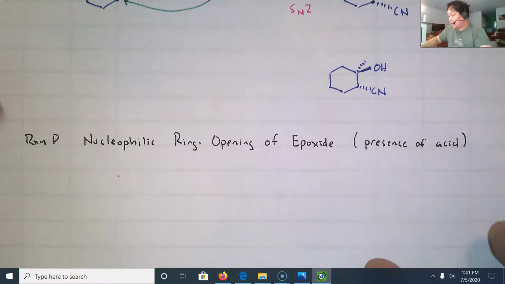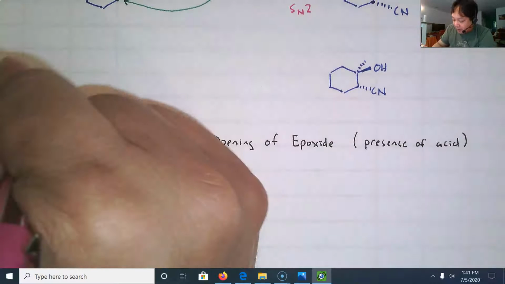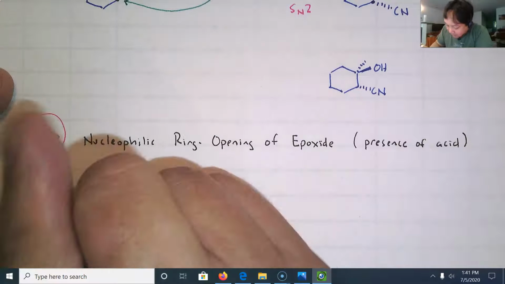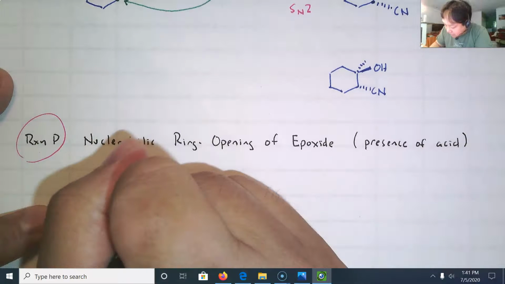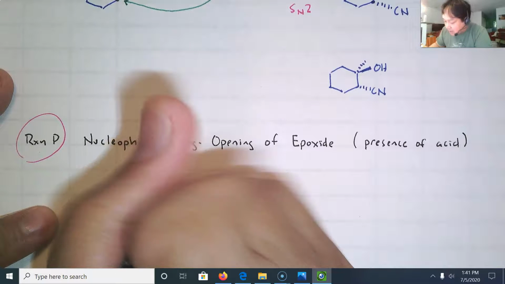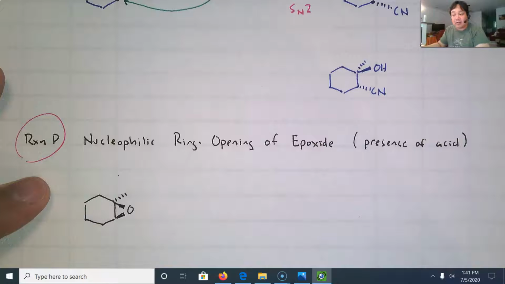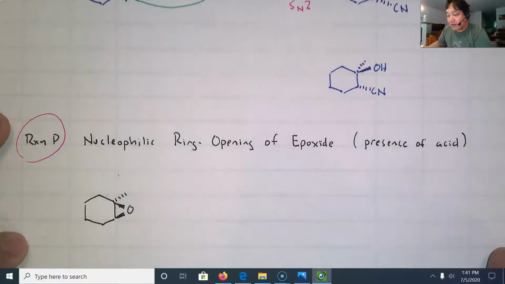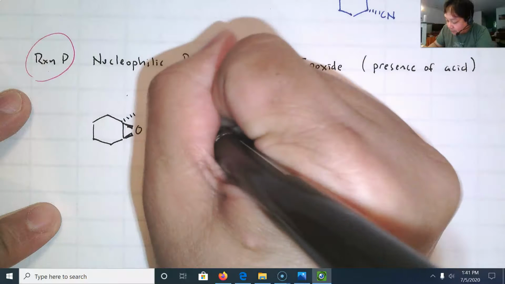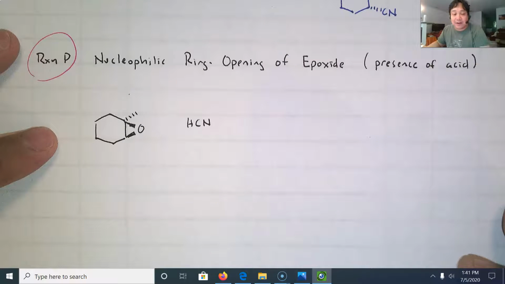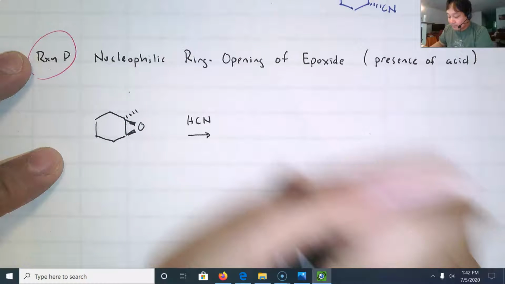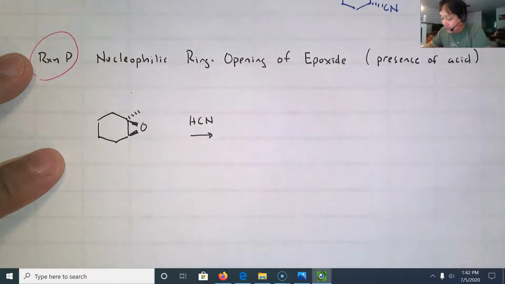And I'm going to do something very analogous to what we did for reaction O. I'm going to use the same epoxide. And I'm going to use nitrile or cyanide as the nucleophile. But I'm going to use a different version of it. Hydrogen cyanide. Okay, it's acidic. So this is acidic. And what we get is something different.